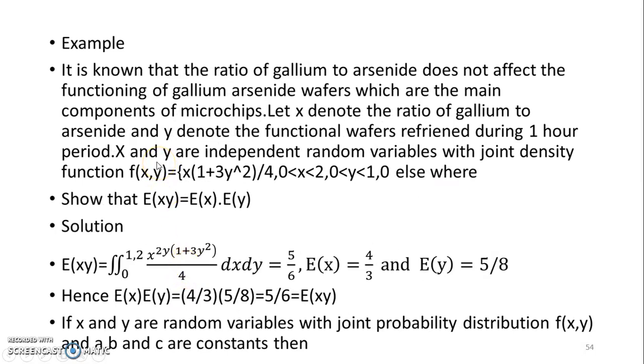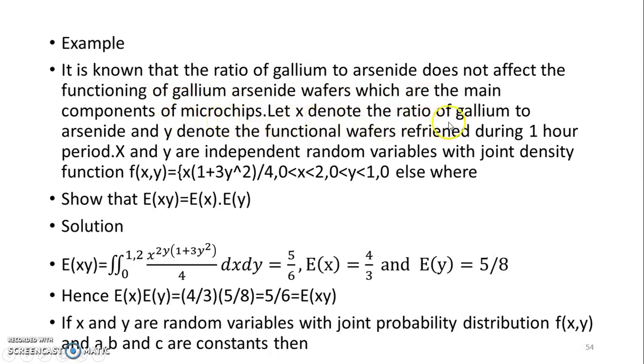For example, it is known that the ratio of gallium to arsenide does not affect the functioning of gallium arsenide wafers, which are the main components of microchips.